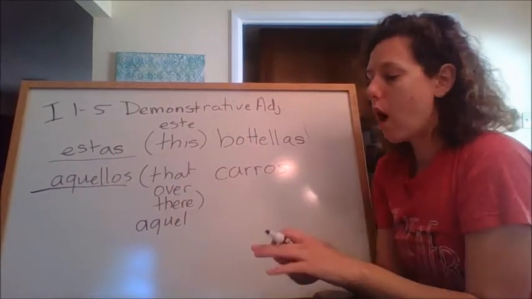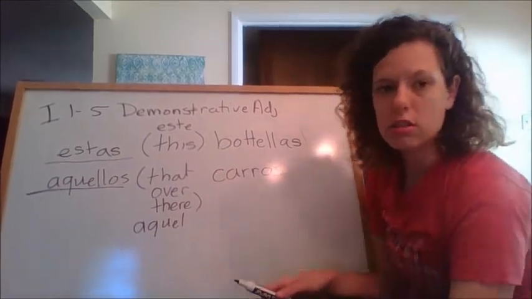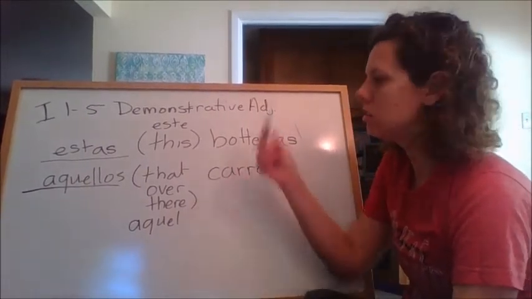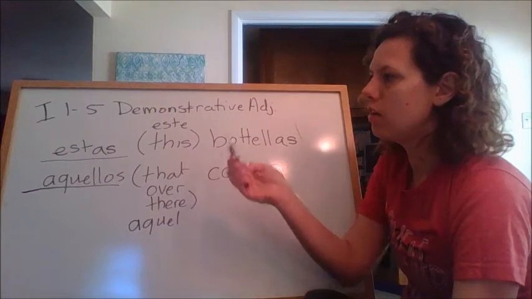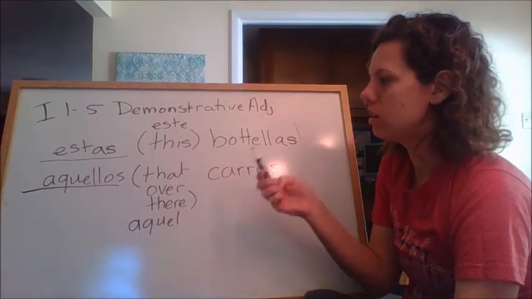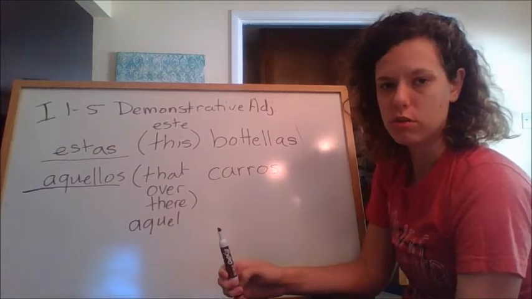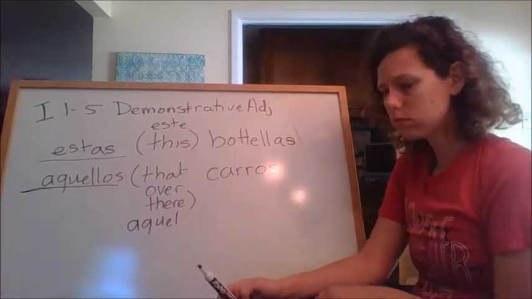All right. So I gave you guys charts, I'm pretty sure I did this, the plural and masculine and feminine and singular charts for all of these. So make sure that you're referring back to your notes.